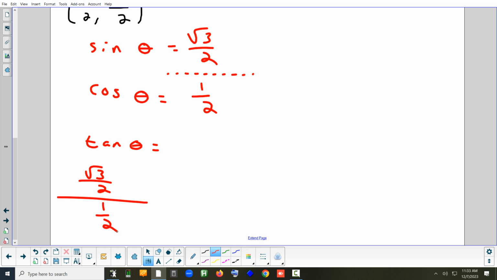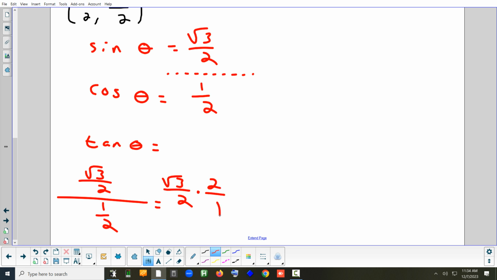And we need to simplify that as much as we can. Okay, how do you divide two fractions? We'd be multiplying them. The bottom one would be the reciprocal. So you keep the top the same, change to multiplication, and flip the one that's in the bottom.